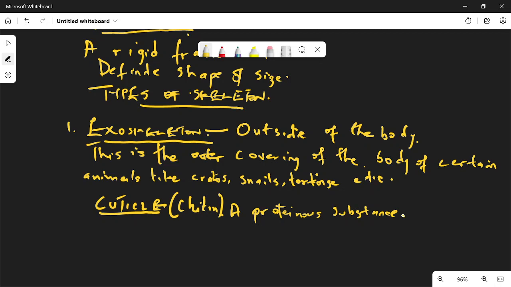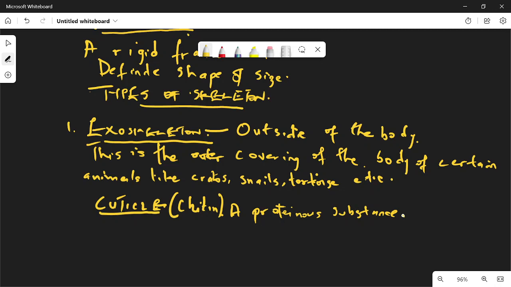So it is this chitin that gives the exoskeletons the type of supporting tissues and system that they have. Now, this chitin has a way of helping the organism to elongate in size.